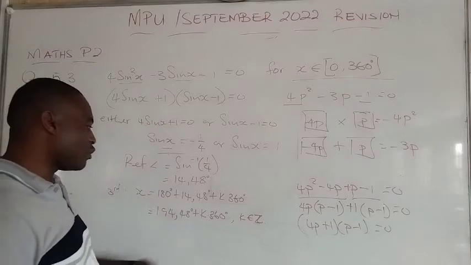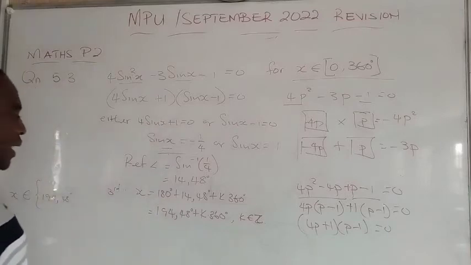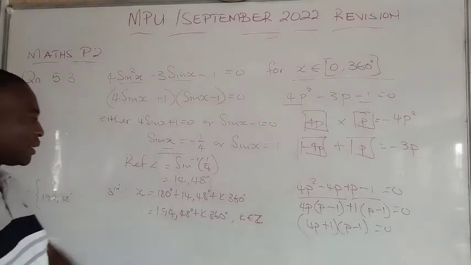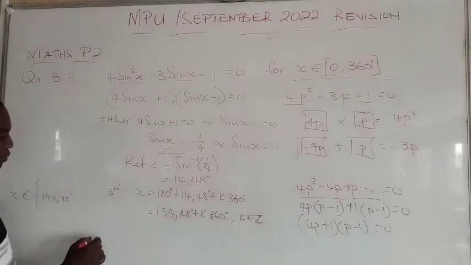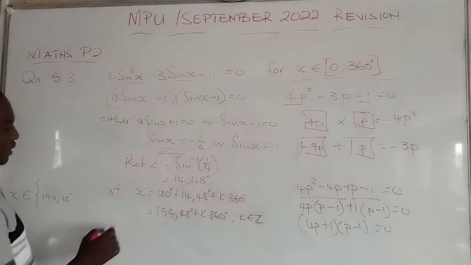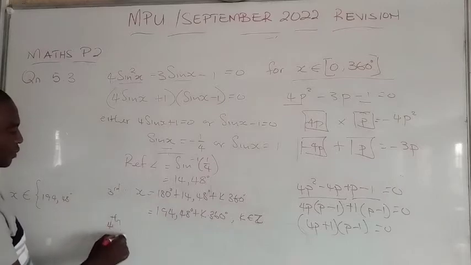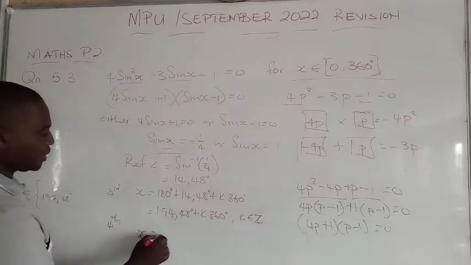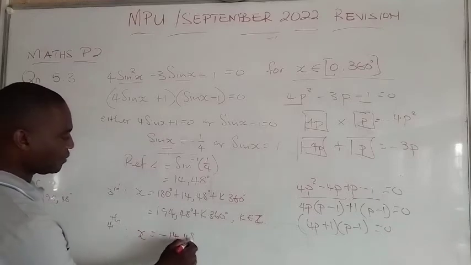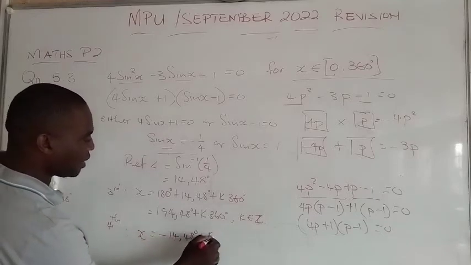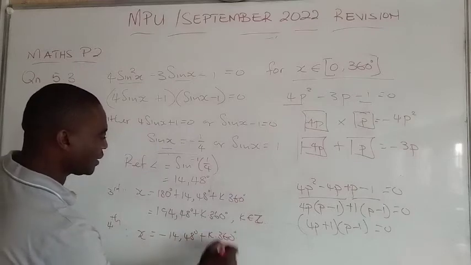When k is negative 1, it will also be negative. So we are only getting one solution from this. And then in the fourth quadrant, x will be negative 14.48 degrees plus k by 360 degrees.